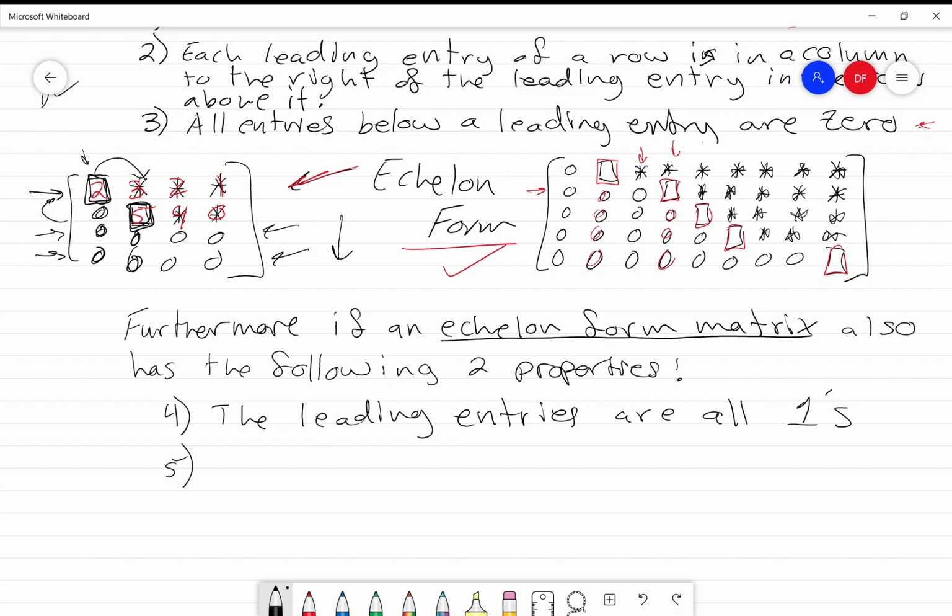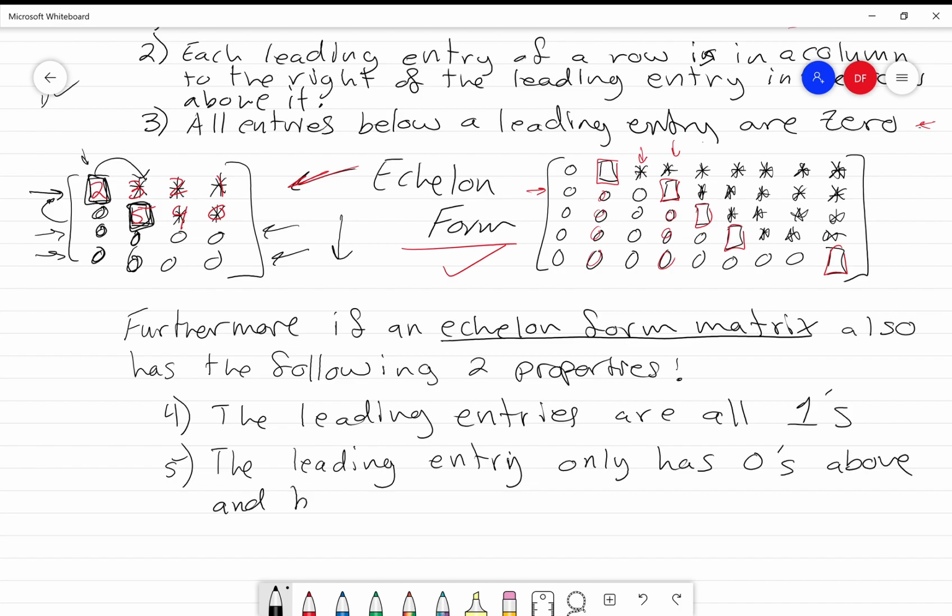And five, the leading entry only has zeros above and below in the same column.